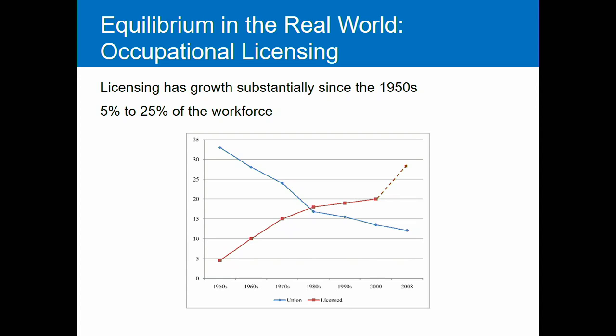We see a lot fewer people belonging to unions, but we also see a lot fewer people working in manufacturing, where we tend to see unions. You don't see a lot of unions in services or professions. What you do see is occupational licensing, which has grown substantially from 5% up to nearly 30% of workers now.